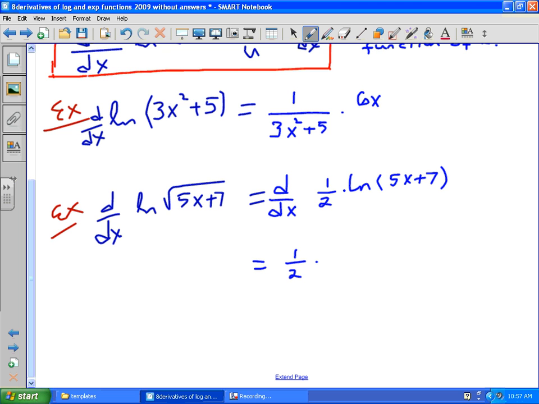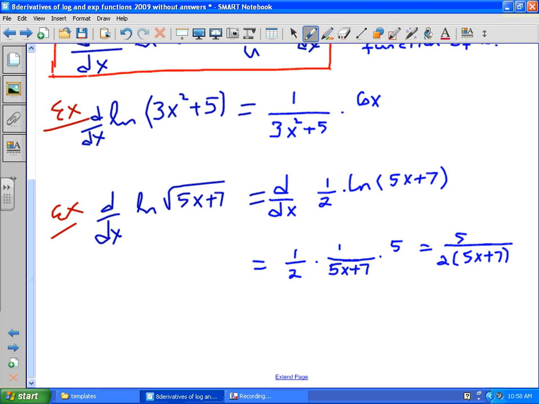What is the derivative of ln 5x plus 7? 1 over 5x plus 7 times the derivative of the inside, which is 5. So I can write this like this: 5 over 2 times 5x plus 7 on the bottom. Not too bad, right? If you remember to simplify first, these are going to be so much easier than if you don't simplify them first.